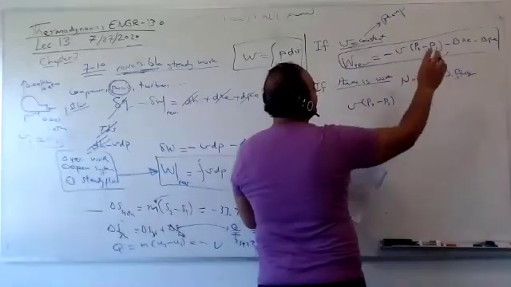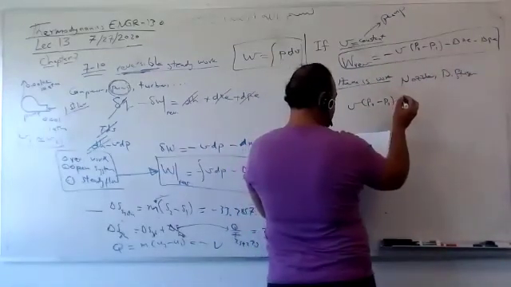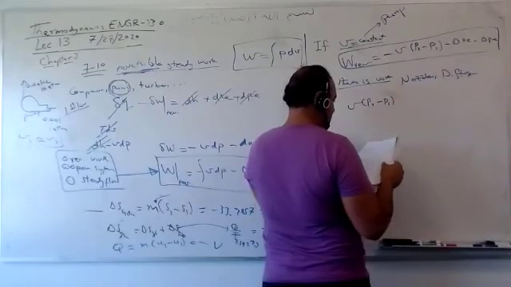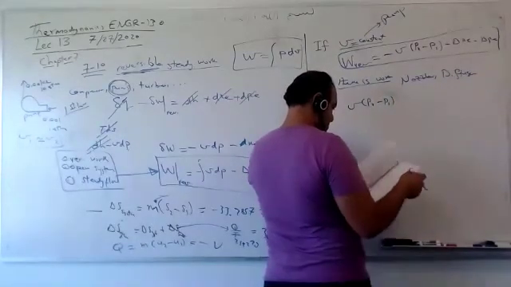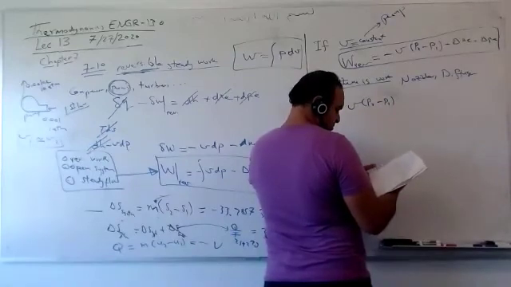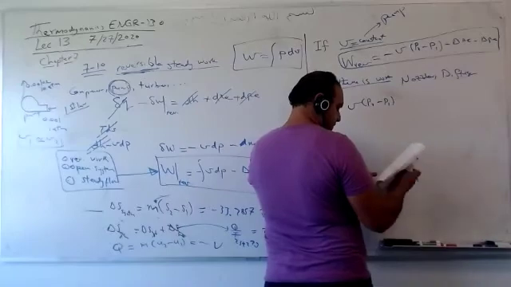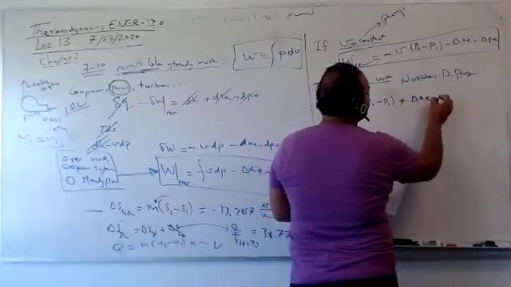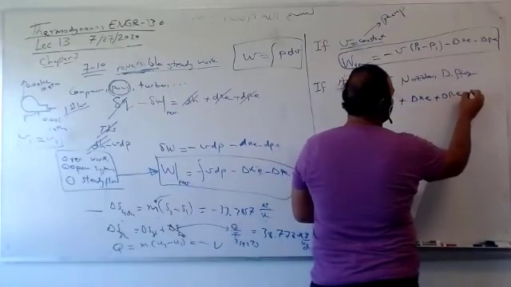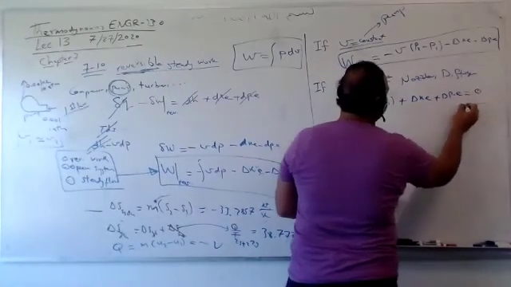So multiply everything by negative. So it will be just plus delta kinetic energy plus delta potential energy equal 0.